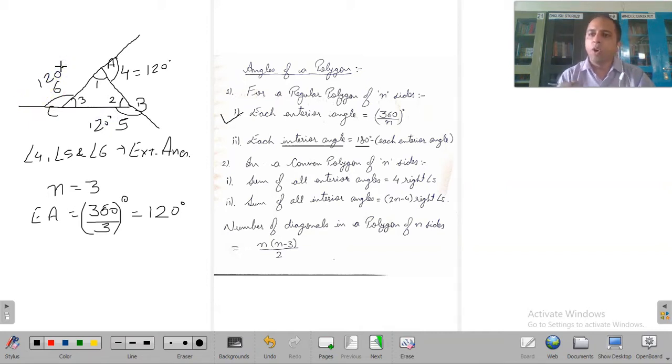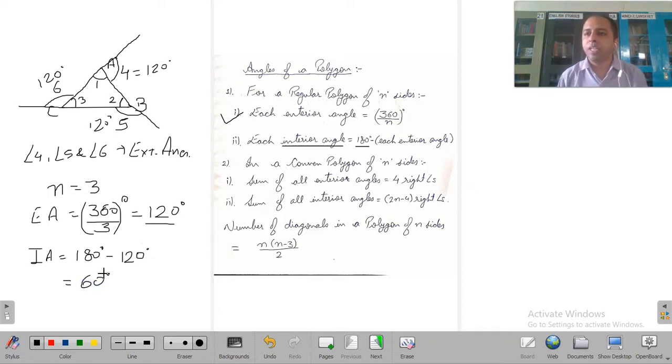Now what will be the value of interior angles? It will be 180 degrees minus the value of each exterior angle, which is 120 in this case. So it will be 180 minus 120, that means 60 degrees.